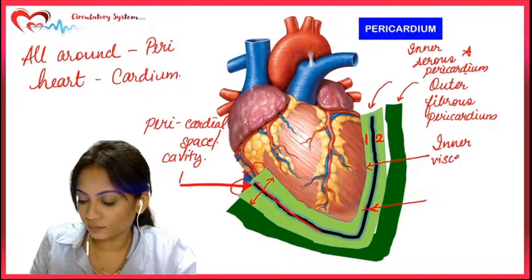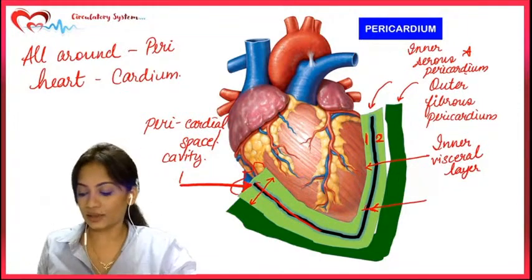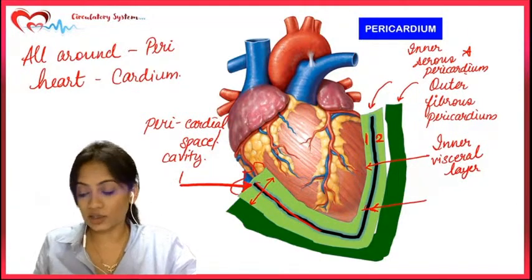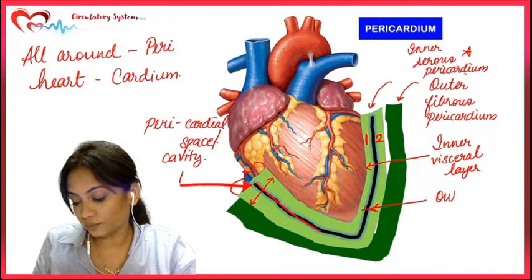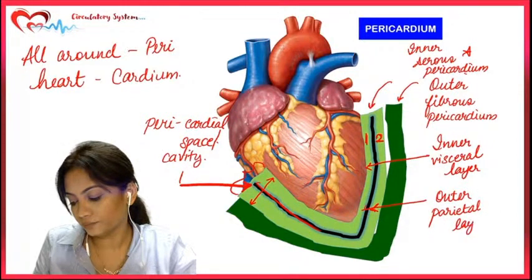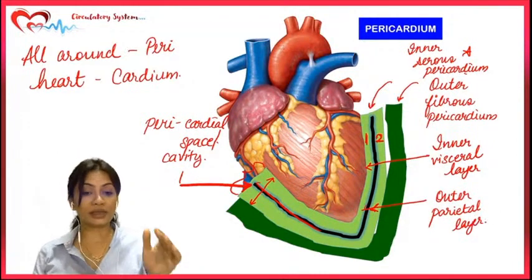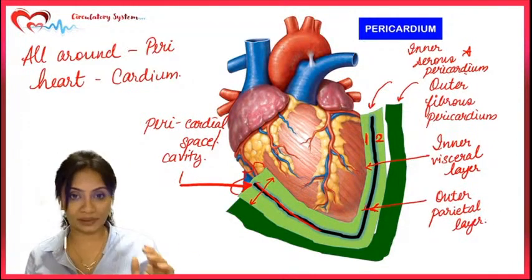And the outer layer that we are seeing is called the outer parietal layer. So we have got an inner visceral layer and an outer parietal layer.